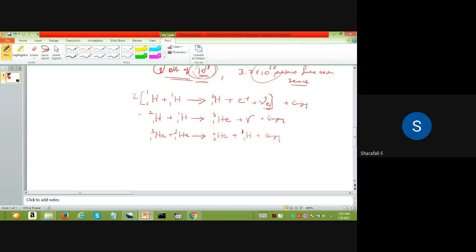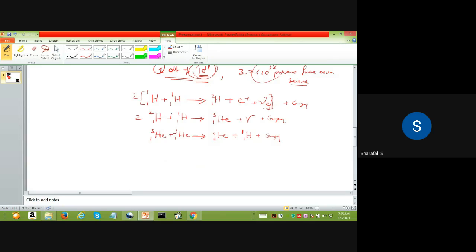If I put 2 here, I have 2 neutrons and 2 protons.